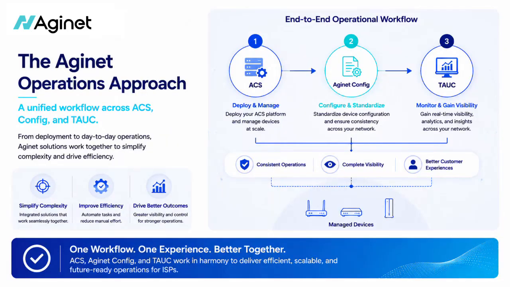Okay, so before we jump into the individual platforms, let's just look at the bigger picture. Aginet is designed around a simple operational workflow. We start by developing a plan for the network, how these devices will communicate back to the management systems, and then we start deploying and managing devices with ACS or with the TAUC.